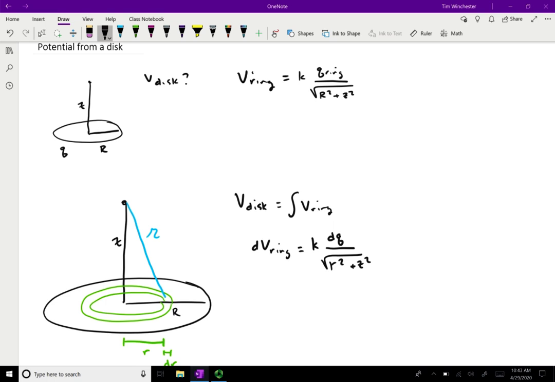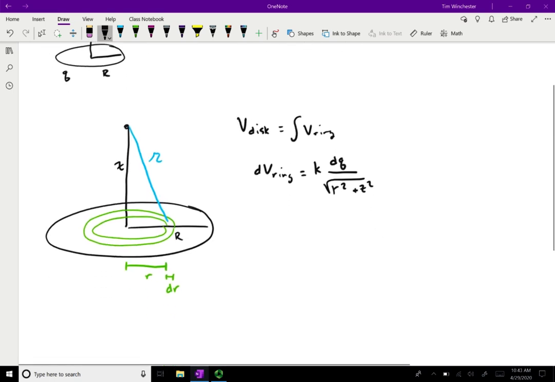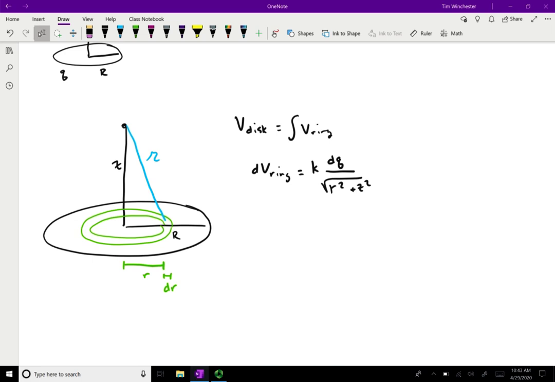And so I need to then come up with an expression for dq. This is going to be a little bit tricky because the amount of charge on that ring depends on its radius. That will not be constant as we change r.